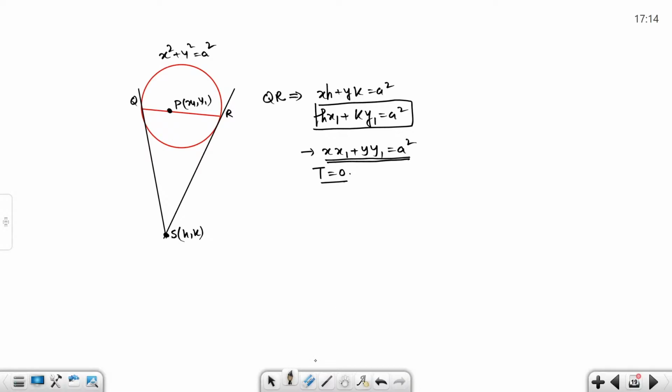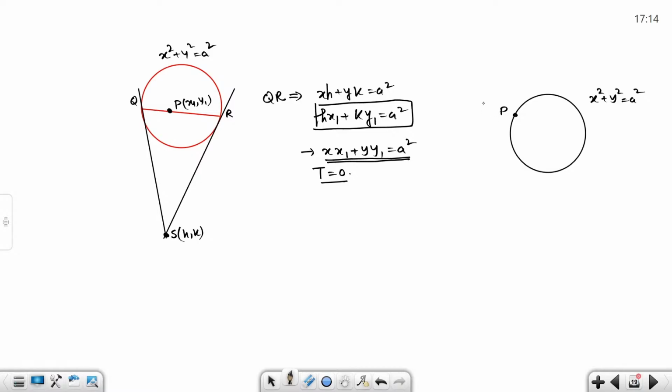Now the last thing which is left with us: if the point is on the circle, then what will happen about its polar? This point is P. P is the pole which is lying on the circle. x square plus y square is a square.